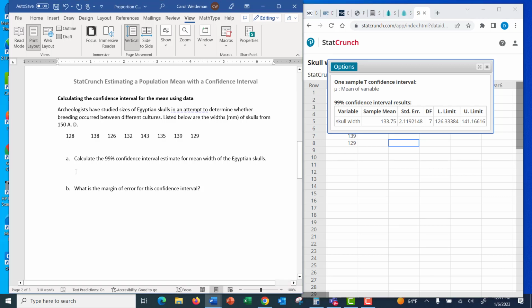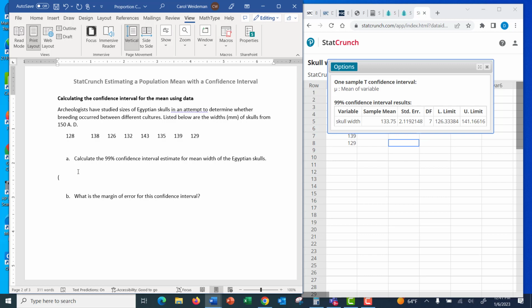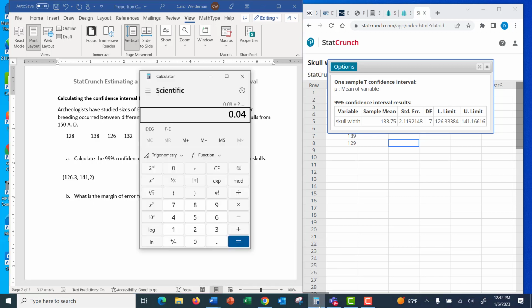And so my confidence interval here turns out to go from 126.3 up to 141.2. All right, and then down here I can calculate my margin of error as I've done before.